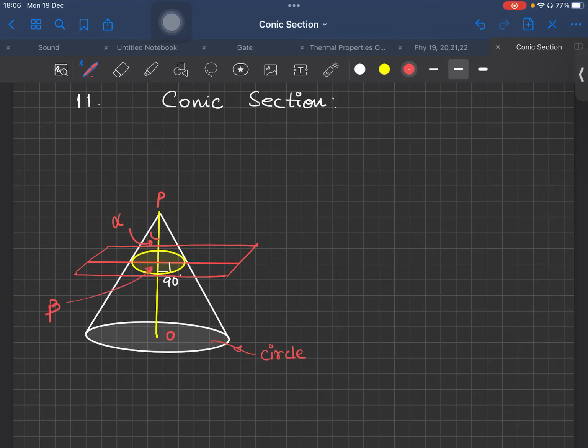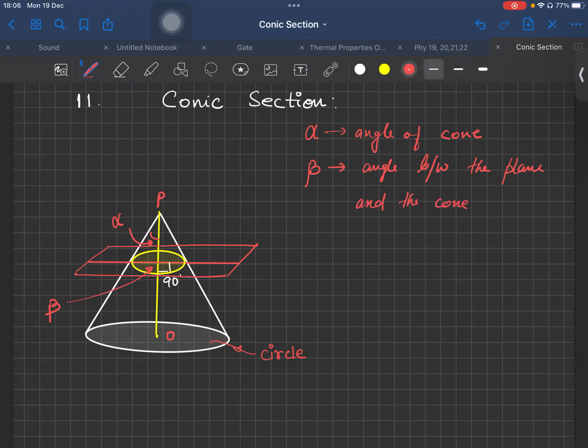Alpha is the angle of cone, and beta is the angle made by, or angle between, the plane and the cone. Okay, so this is beta.